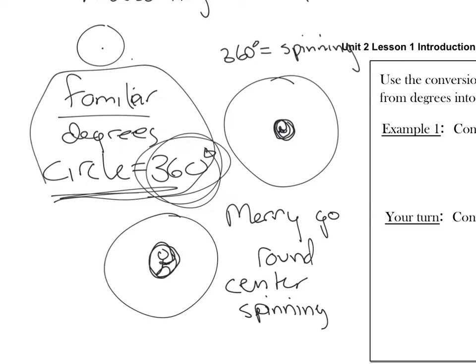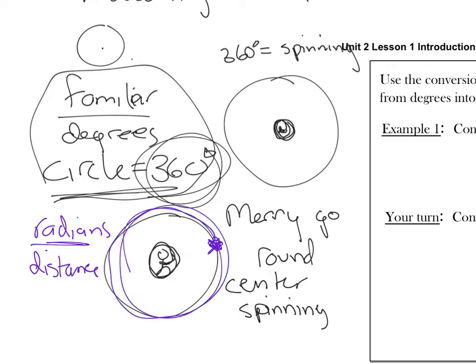Now, how are radians different? Radians is different. It's measuring your distance. You're on the outside, on the horse, or whatever animal is on the outside of the merry-go-round, and you're measuring how far you're going in distance. How much around the circle are you traveling?